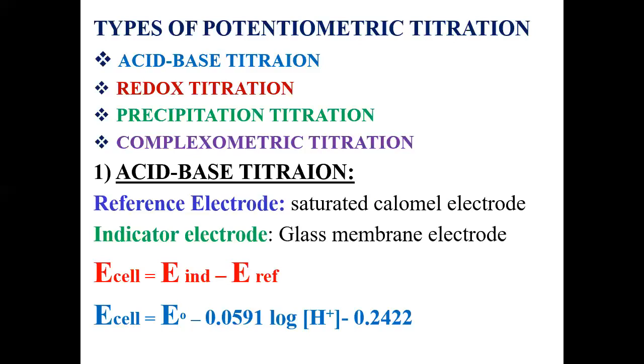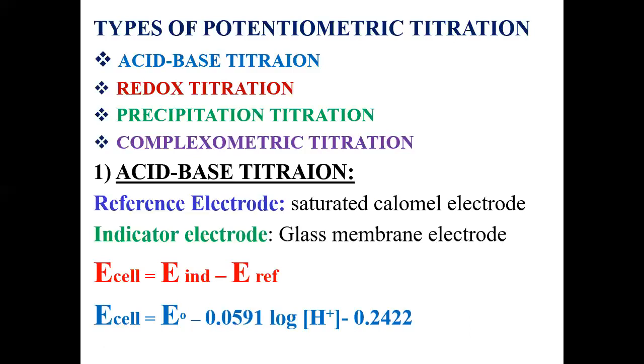If it is the calomel electrode, then its value will be 0.2422. So we can put it in and we can get the value of E cell. So this is about acid-base titration.